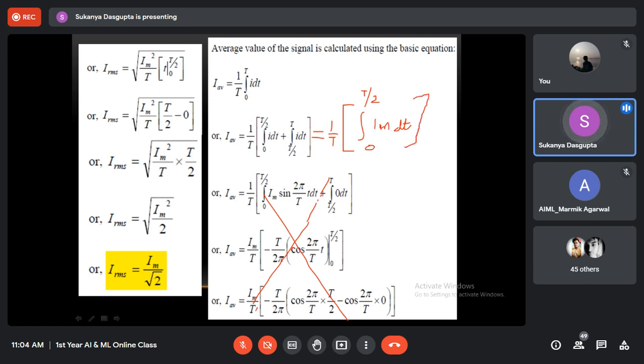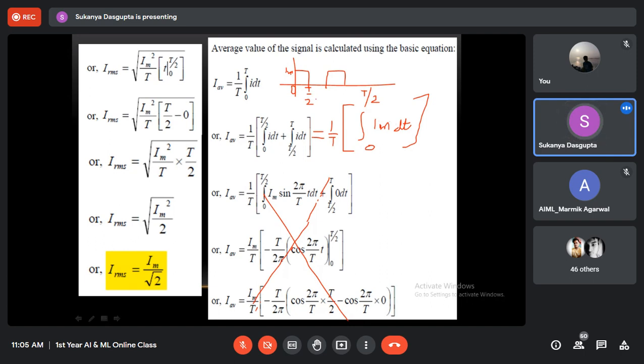Is it clear to everyone? Put I equals Im. It's a pulse signal like this. So this is T by 2, this is 0 and this is Im. For the duration 0 to T by 2, it will be simply equal to Im.